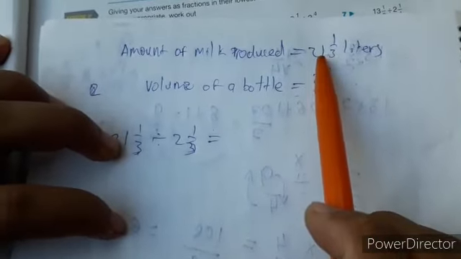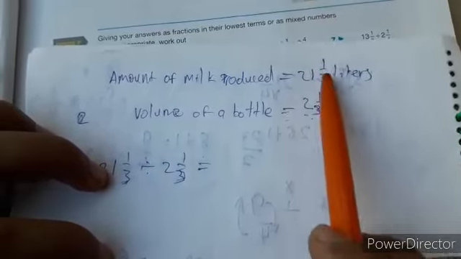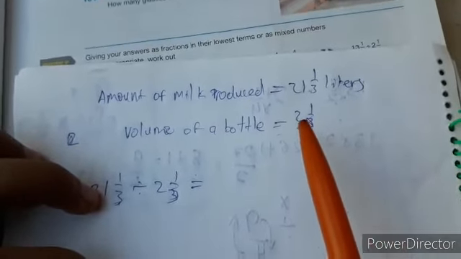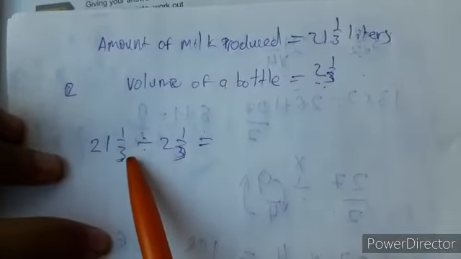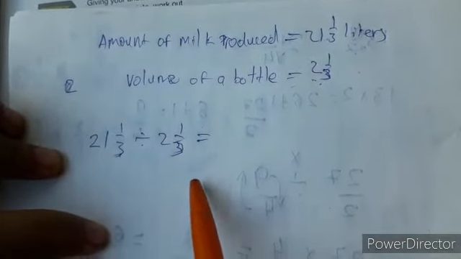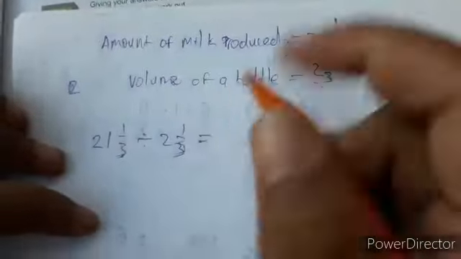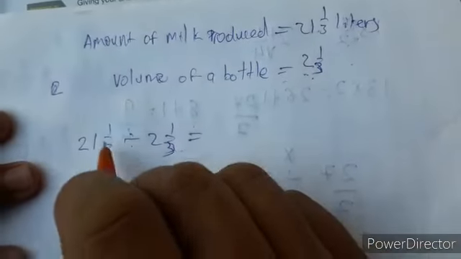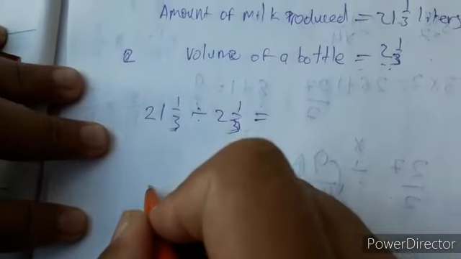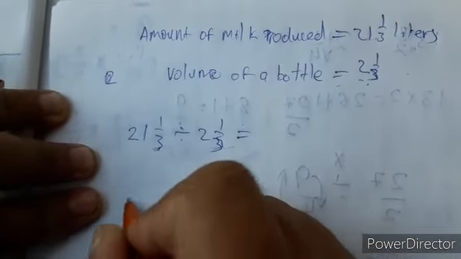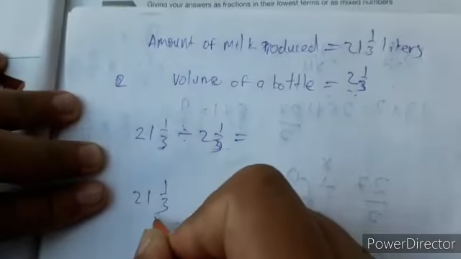So we'll divide the capacity of the milk that is there by the volume the bottle can hold. So that will be 21 and 1 over 3 divided by 2 and 1 over 3. We'll first convert this mixed fraction into an improper fraction the way we taught you in the previous part of the video. 21 and 1 over 3.